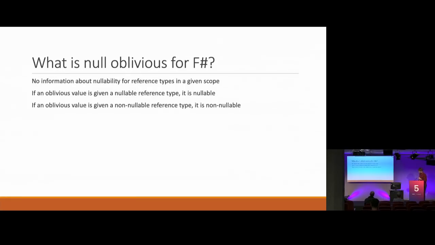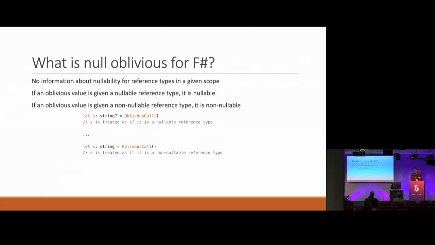So what that means for F# is if we have no information whatsoever, that means if we have a value and we assign it to something that is a nullable reference type, we consider it to be nullable. But if we assign it to something that is a non-nullable reference type, we consider it to be non-nullable. So you could have code that kind of looks like this. You get an oblivious string. If it's assigned to a nullable string, then we'll treat it as if it's a nullable reference type from there. And if you assign it to just a string, we'll treat it as a string.